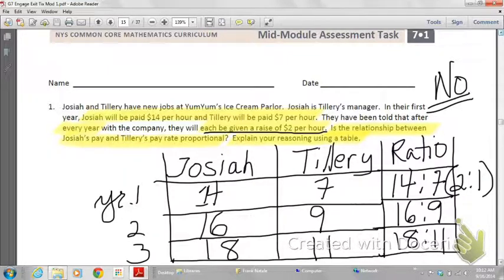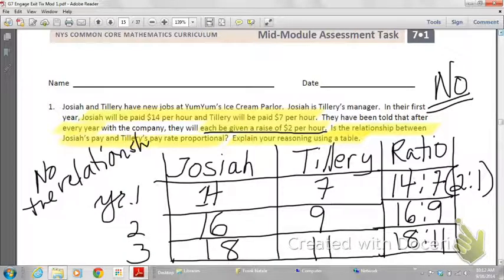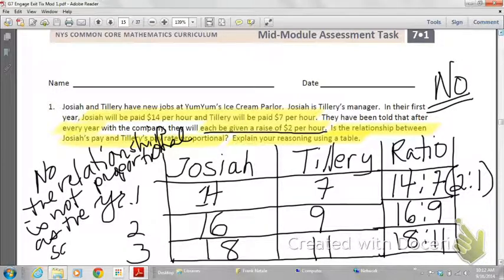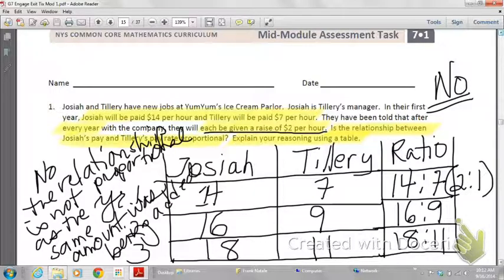And I'm not sure if there was anyone. I think there was only one person in the class who explained. They might have written something to the effect of, no, the relationship is not proportional, as the same number, or the same amount, was being added to each every year.